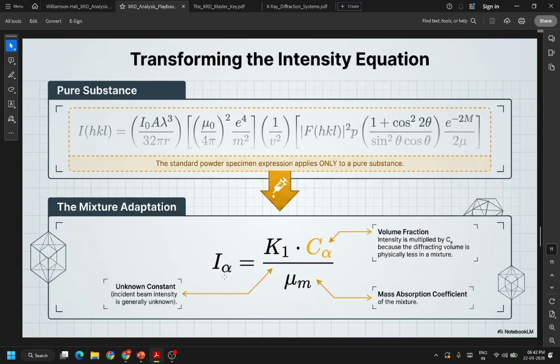C_α is your volume fraction. Intensity is multiplied by C_α because the diffracting volume is physically less in a mixture, so it's lesser than pure. So we multiply with the volume fraction and then divide by μ_m, which is the mass absorption coefficient of the mixture. That gives out the intensity of that particular phase.